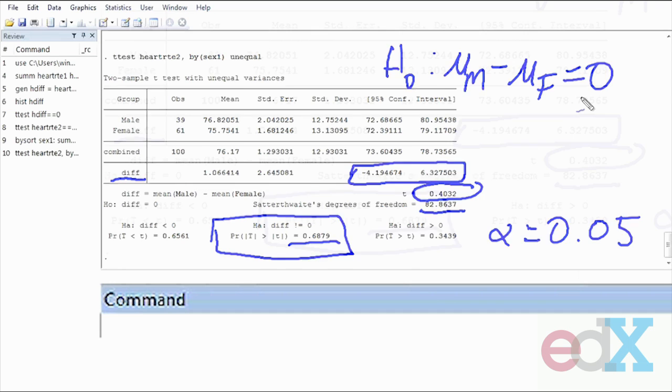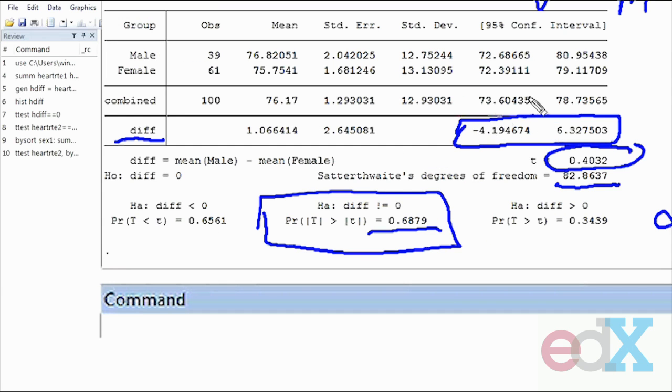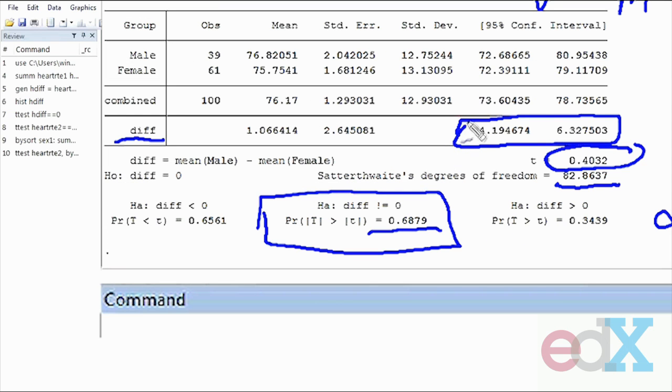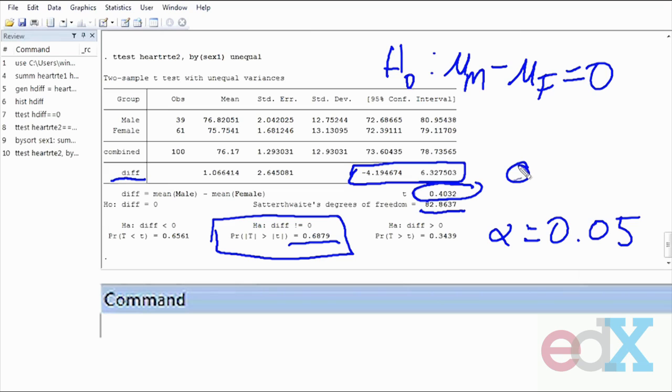Our 95% confidence interval for that difference, mu m minus mu f, is negative 4.2 to 6.3. That interval includes the number 0. So if we were only given this 95% confidence interval, we would know that at the alpha equals 0.05 level, this hypothesis test would fail to reject, because that interval includes 0.